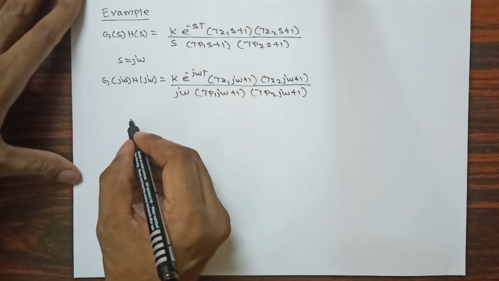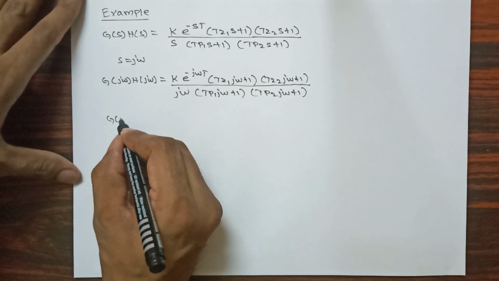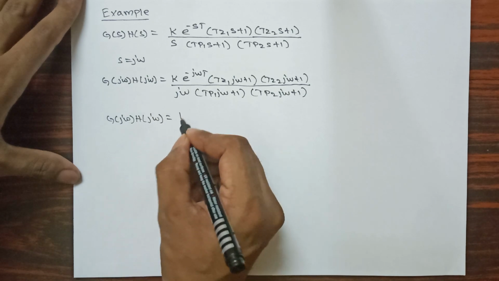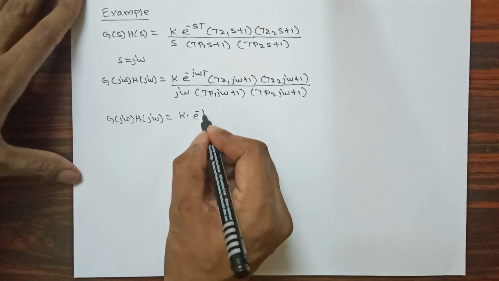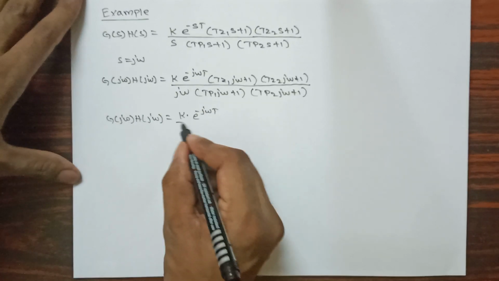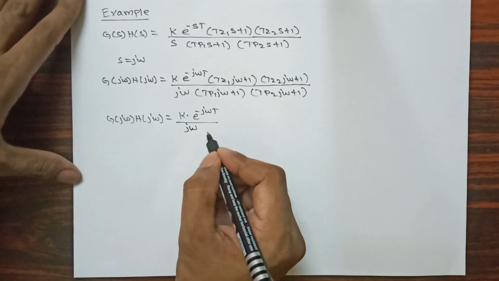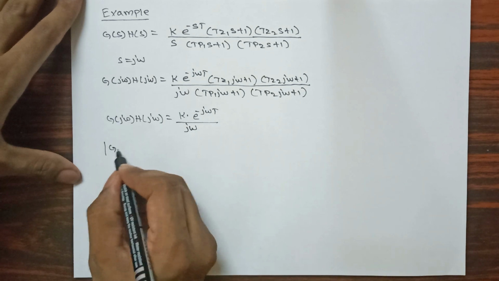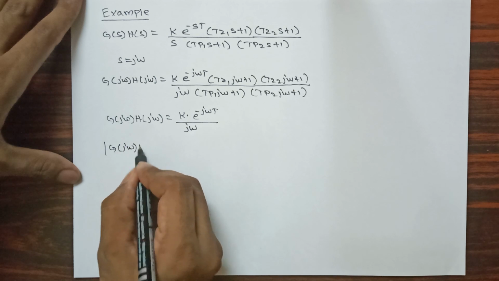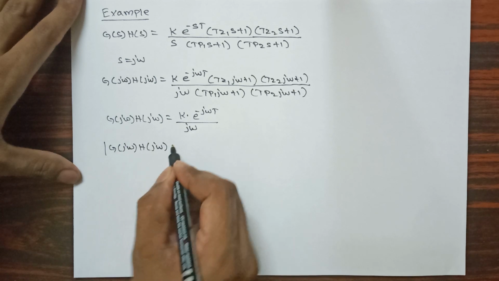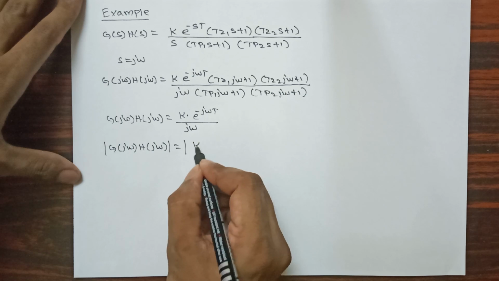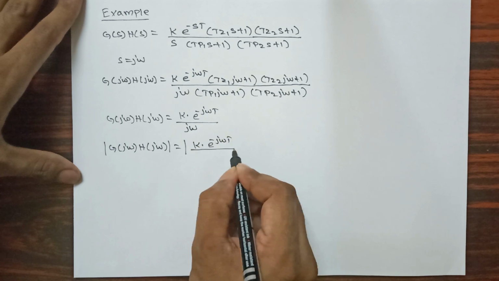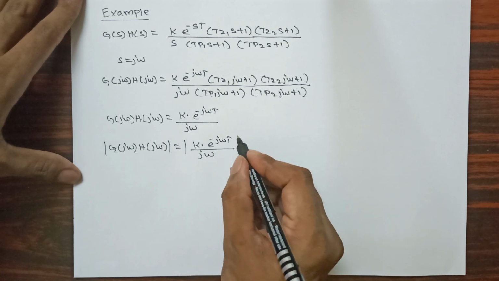To calculate the initial gain, by considering the magnitude of this, magnitude of g of j omega into h of j omega is equivalent to magnitude of k into e power minus j omega t divided by j omega.